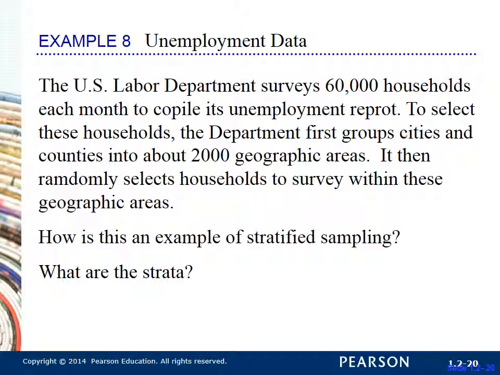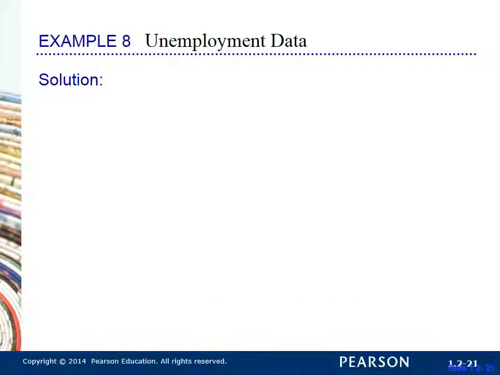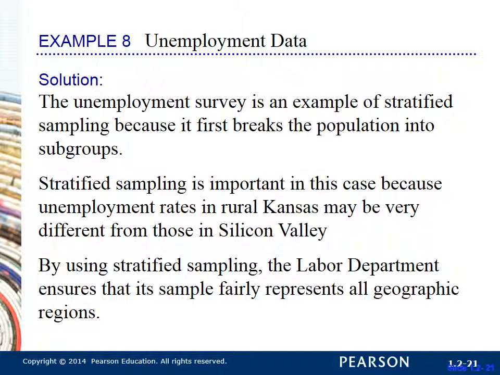The strata are the actual geographic locations, and it's important because unemployment rates in rural Kansas may be very different from those in Silicon Valley. So by using this stratified sampling, the Labor Department says it gets a fairly good representative of all geographic regions.